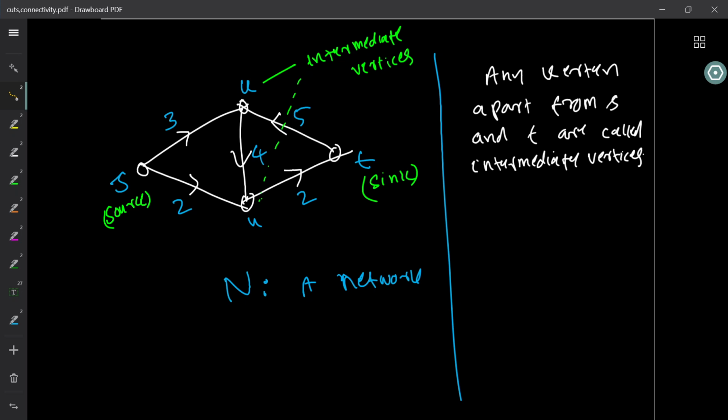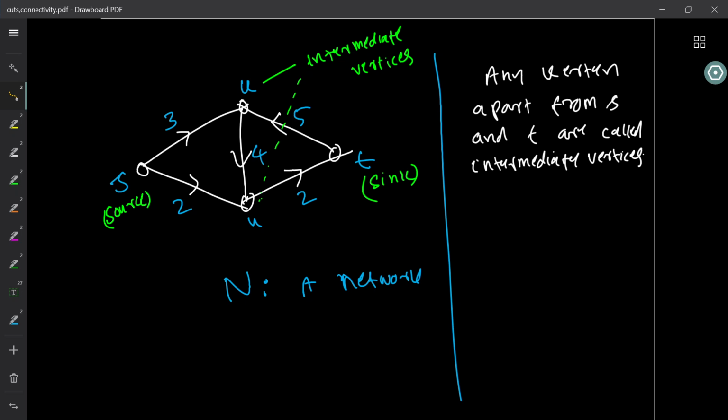This could very well be a communication network where the bandwidth of the line can be represented by the capacity. If you have a 10 Mbps line, you cannot hope to have more data transferred through that line, because the capacity is constrained by the 10 Mbps limit.